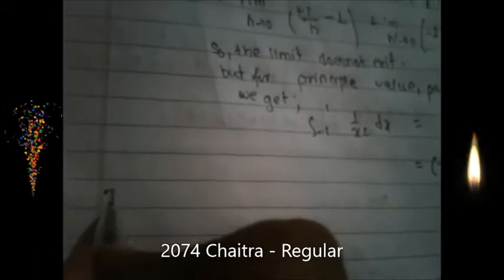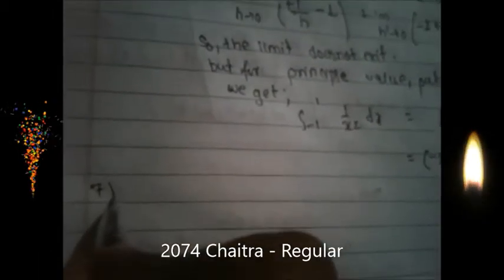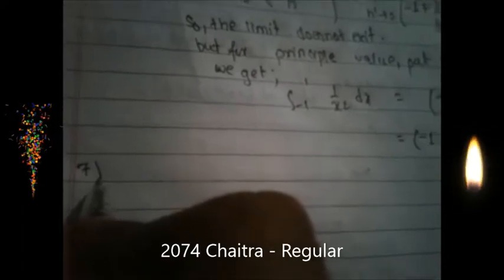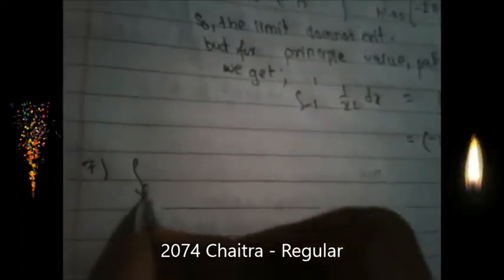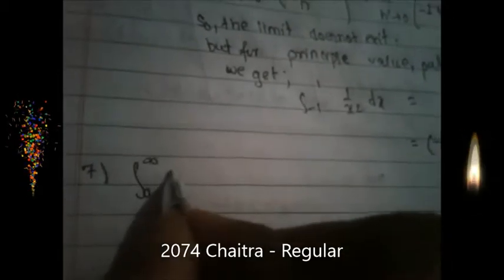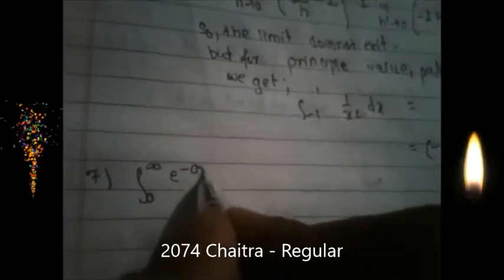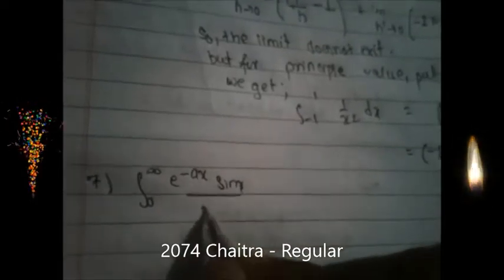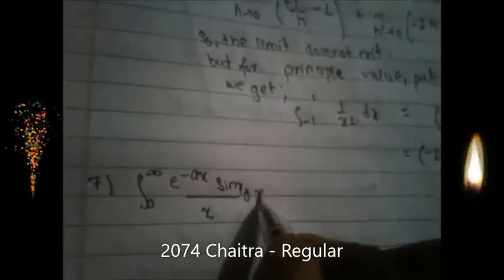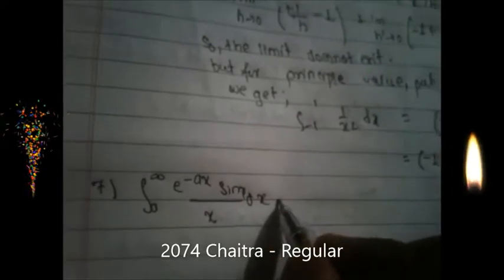It is question number 7, which asks: apply the rule of differentiation under the integral sign to evaluate the integral from 0 to infinity of e to the power minus ax sin x by x dx, and hence deduce.